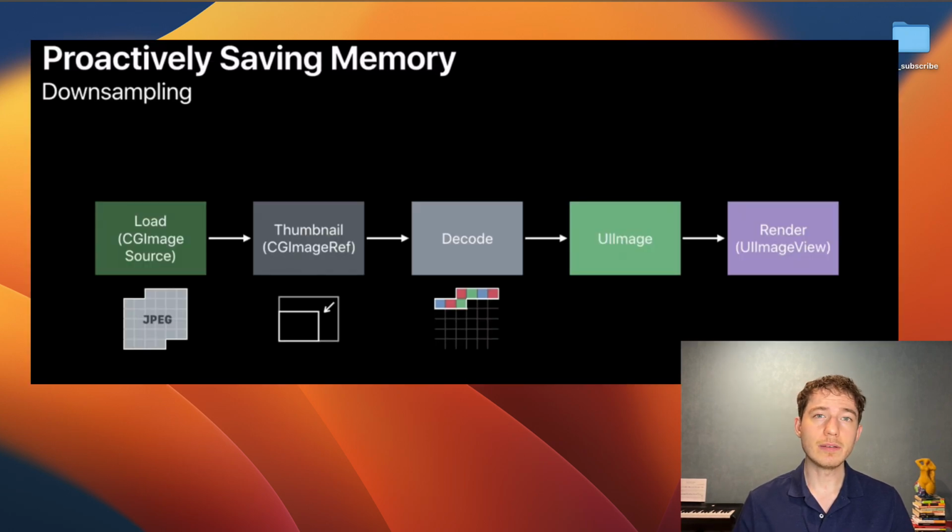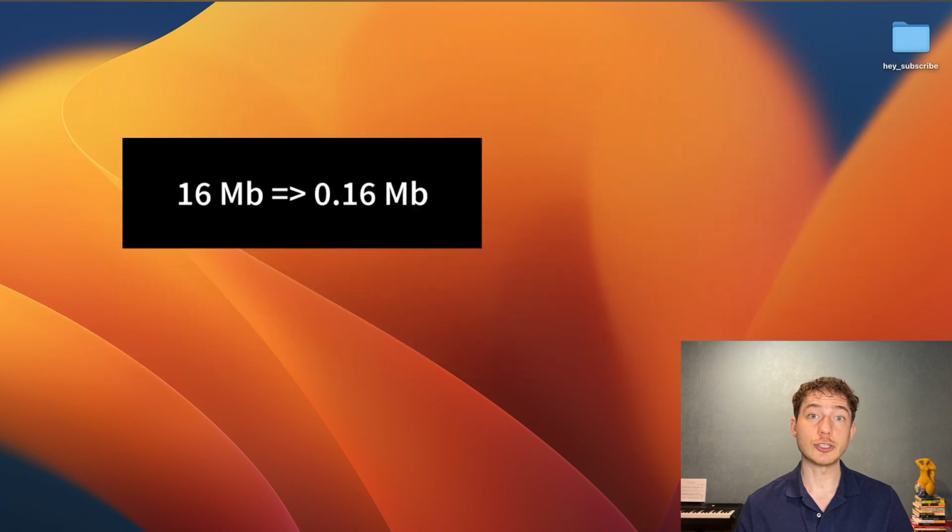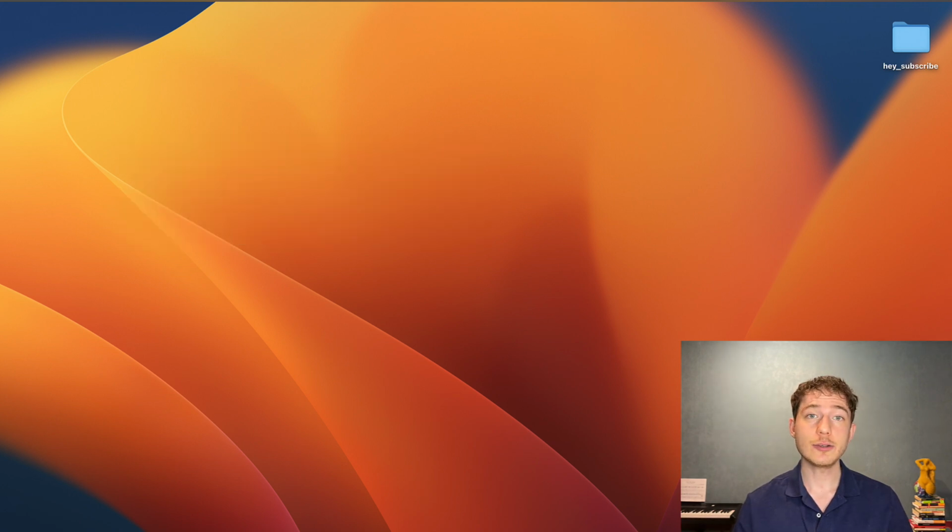For example, if your UI container is only 200 by 200 pixels, there is no reason to store a 2000 by 2000 pixel image in memory. By downscaling the image from 2000 by 2000 pixels to 200 by 200, memory usage drops from 16 MB to just 0.16, a 100x reduction. Ideally, you should store pre-resized images in your app assets or on a server and download them at the required resolution.